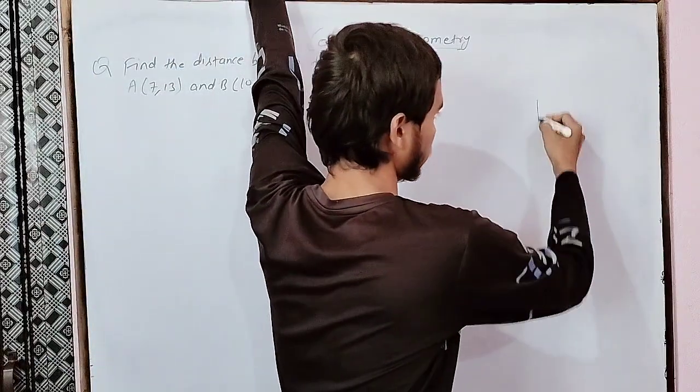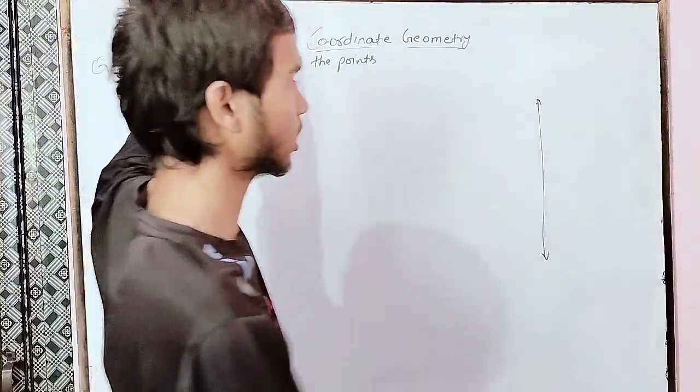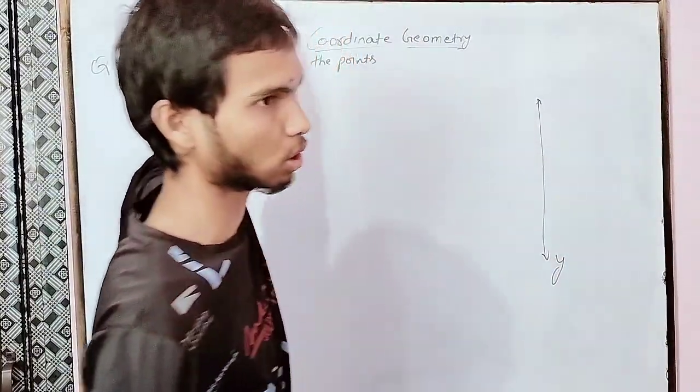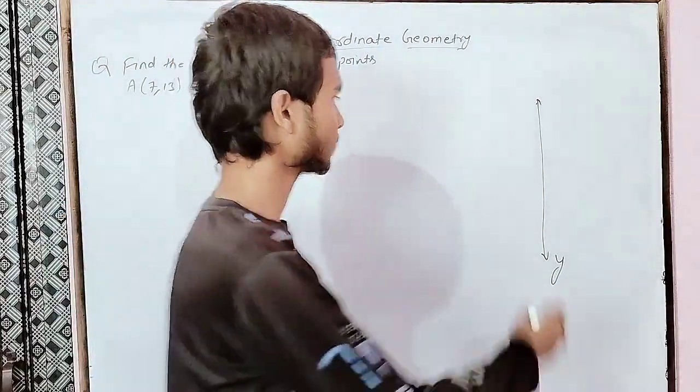So the first line, which is vertical, is the y-axis. Okay, this is the y-axis. So the y-axis is a line. It is also known as a vertical line.